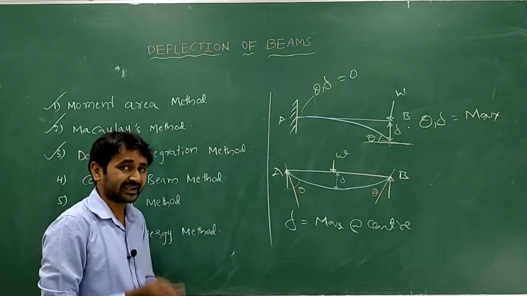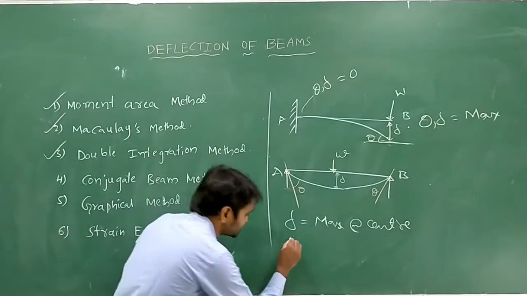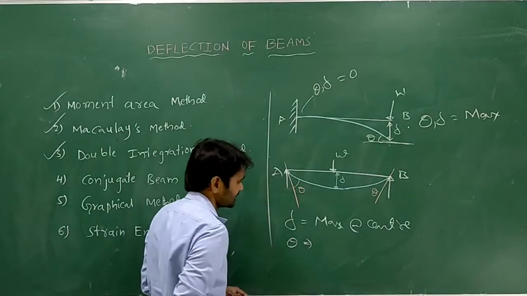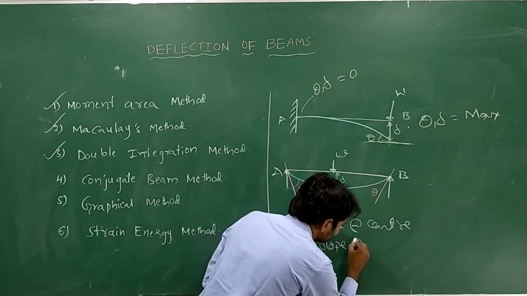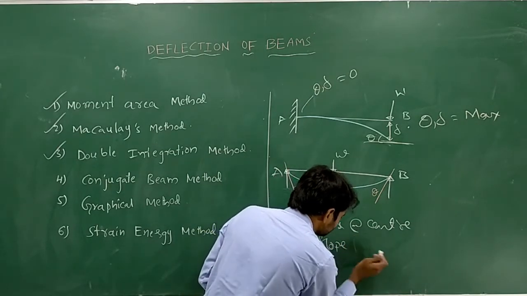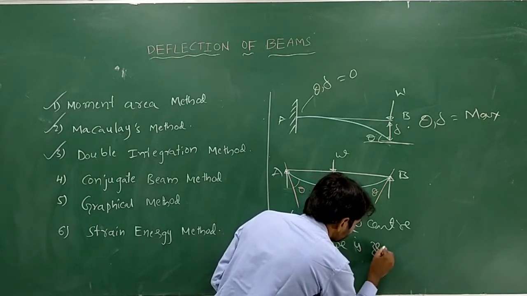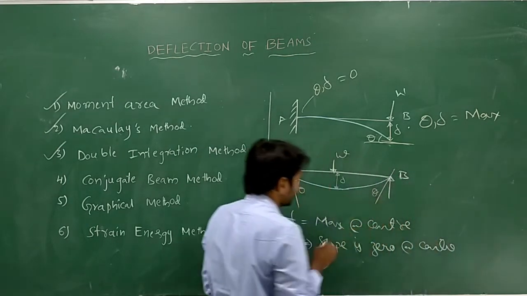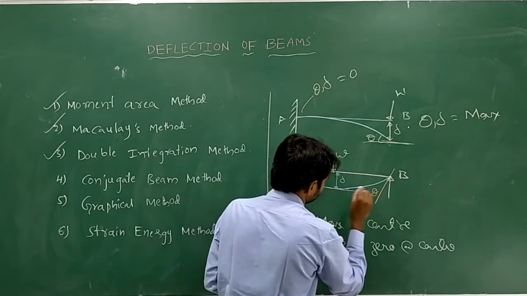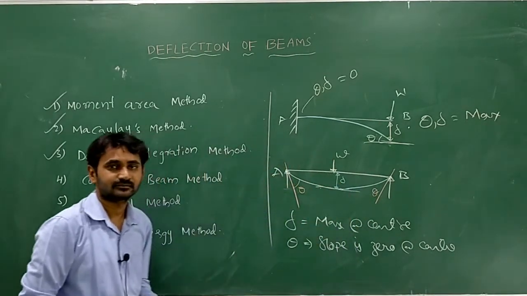But what about theta at the center? It means slope. So slope at center is 0. When I draw a tangent to this, it doesn't make any angle.